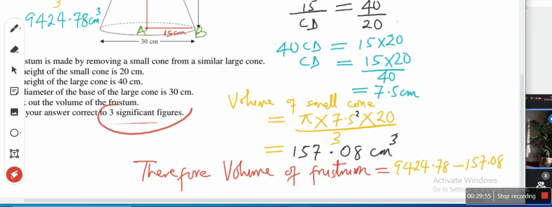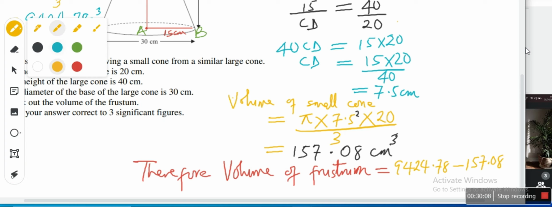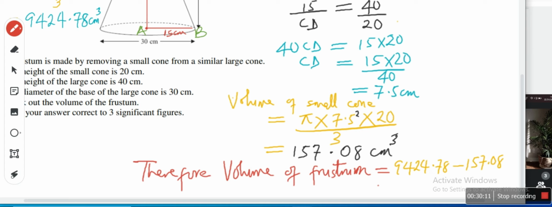Anytime you're asked to leave the answer in 3 significant figures, the working should have more significant figures, at least 4 or 5 is fine, because the final answer should be to 3 significant figures. So what's the final answer? 9,267.7.